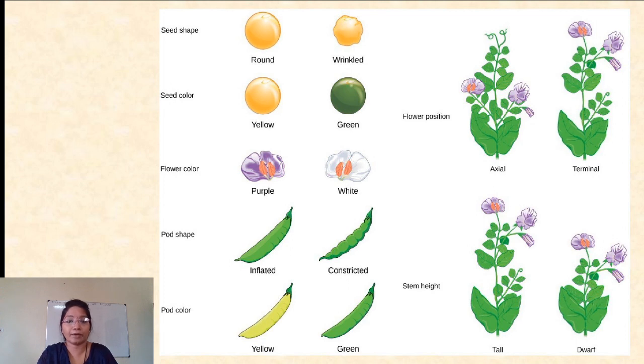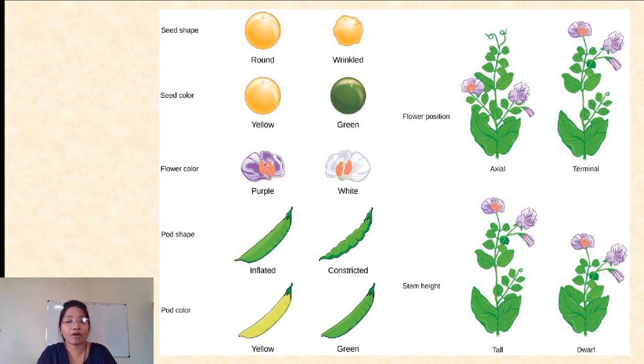For example, seed shape is present in two forms, one is round and second is wrinkled. Round form shows dominant character and wrinkled form shows recessive character. We have already discussed in previous lecture that dominant character is the character which appears in F1 generation and recessive character is the character which does not appear in F1 generation.